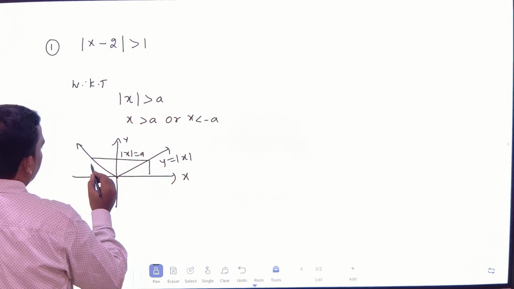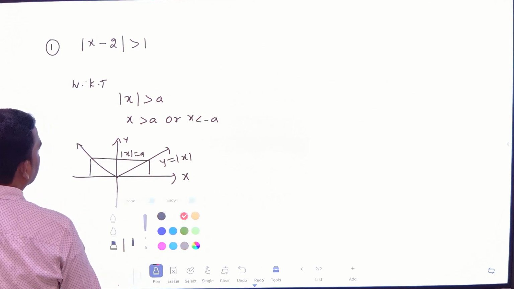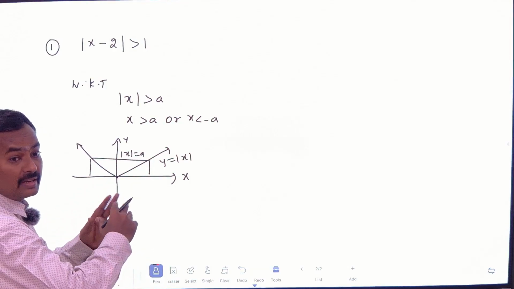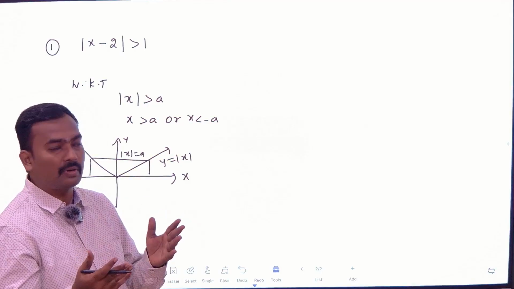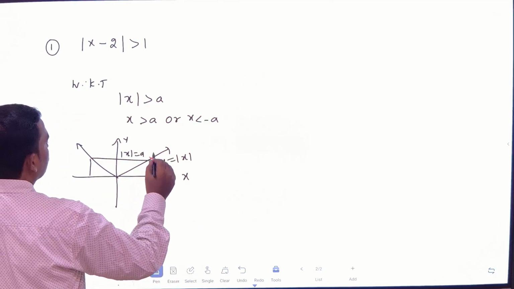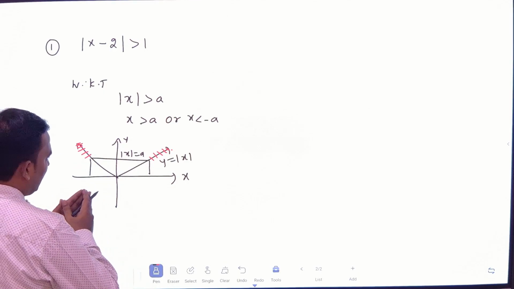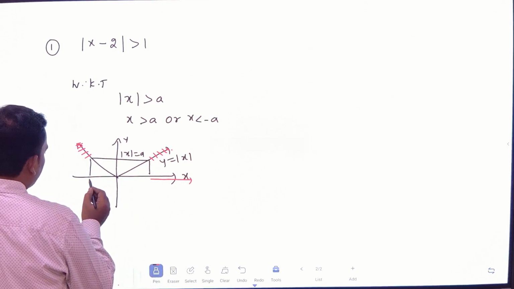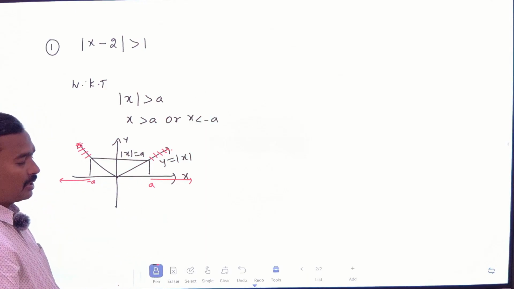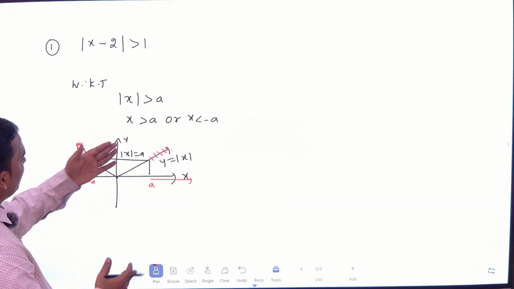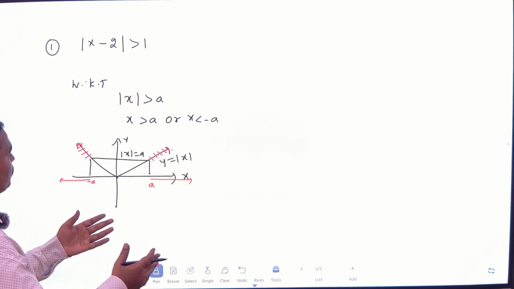We need mod x greater than a, and y is the output value, so we need this part. That means x should be more than a or x should be less than minus a. Only those x values are possible.